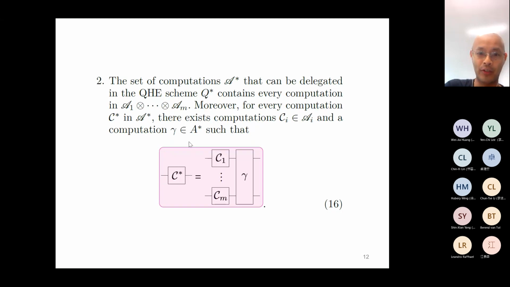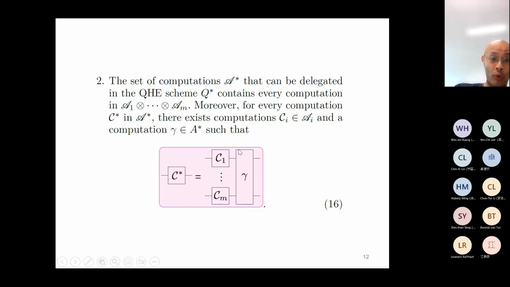Now we've talked about encryption, so what about the computations? Are the computations just going to be tensor products? Of course we could do that, but then it wouldn't be as interesting. For example, if you have a bunch of schemes each of which can do some Cliffords, and the composed scheme can only do Cliffords on their own quantum wire, it seems not very meaningful, because then what about entangling operations between the schemes?